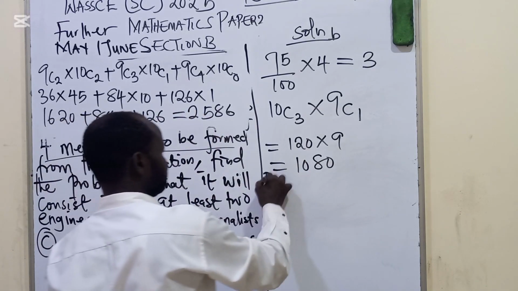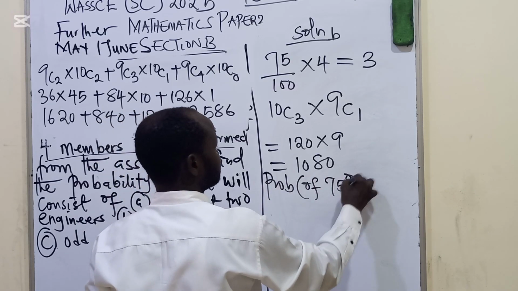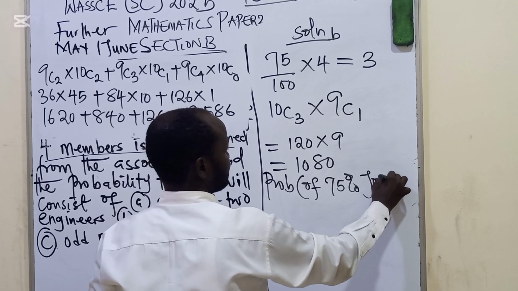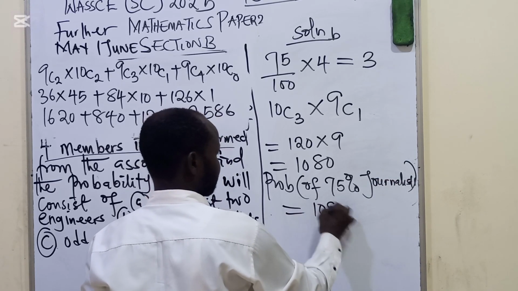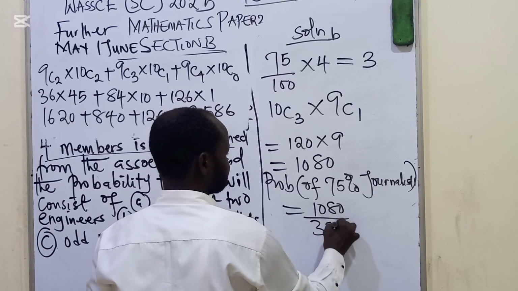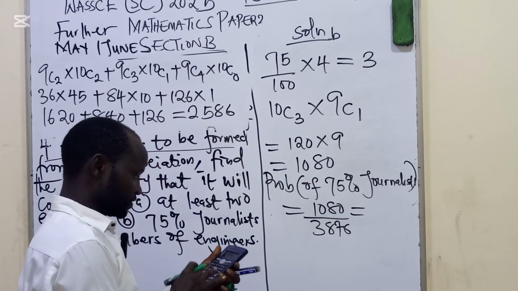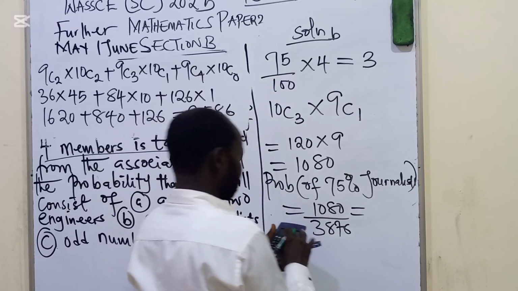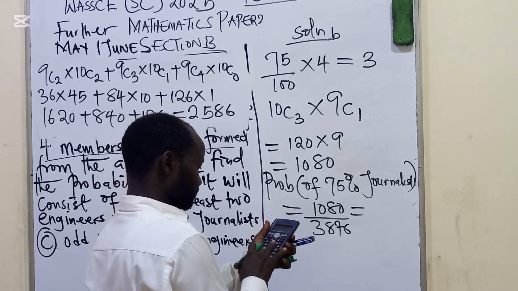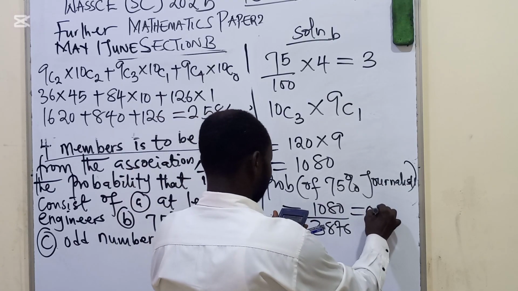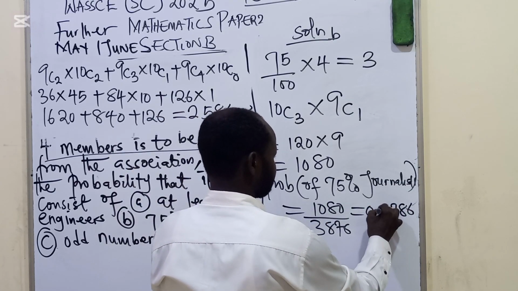So the probability now, probability of 75% journalists will be 1080 divided by 3876. Let's reduce it. We have 0.2786.